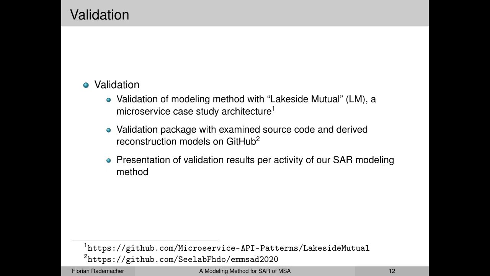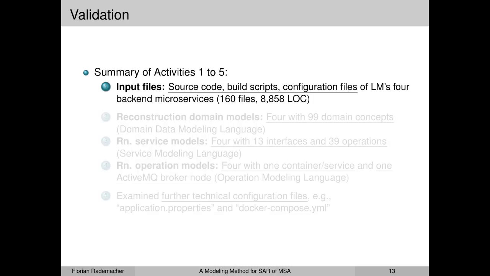In the following, I'm going to present the validation results per activity of our SAR modeling method. So on this slide, you can see a summary of activities 1 to 5. In the first activity, we selected the input file sets to reconstruct information about Lakeside Mutual from. And to this end, we selected the source code, build scripts, and configuration files related to the 4 backend microservices of Lakeside Mutual.